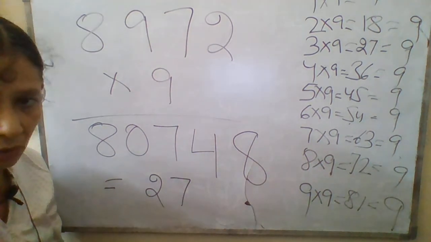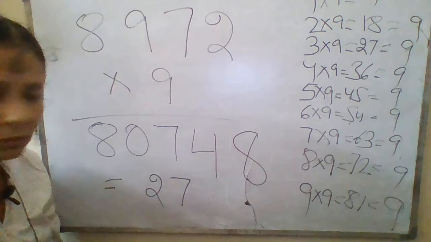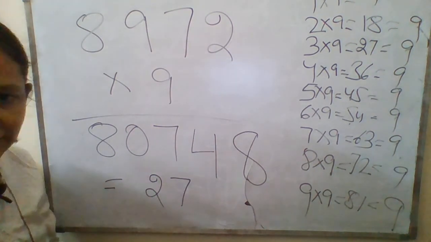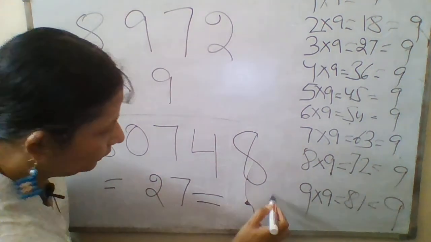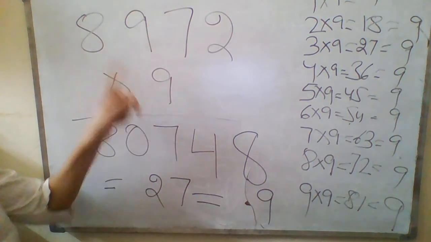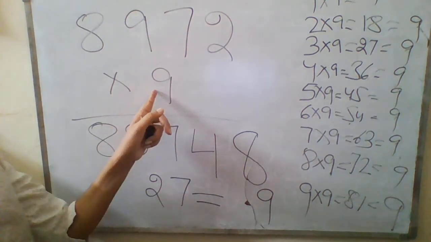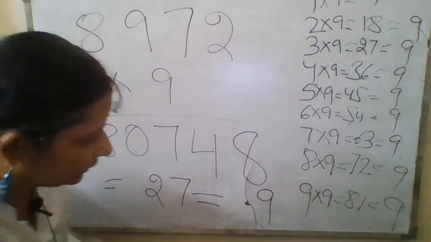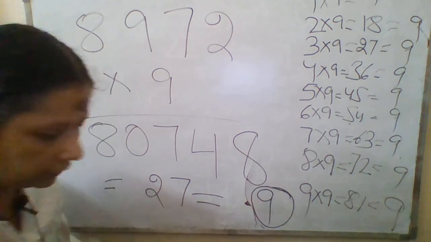I told you if you get a double digit, you add 2 plus 7, which is equal to 9.